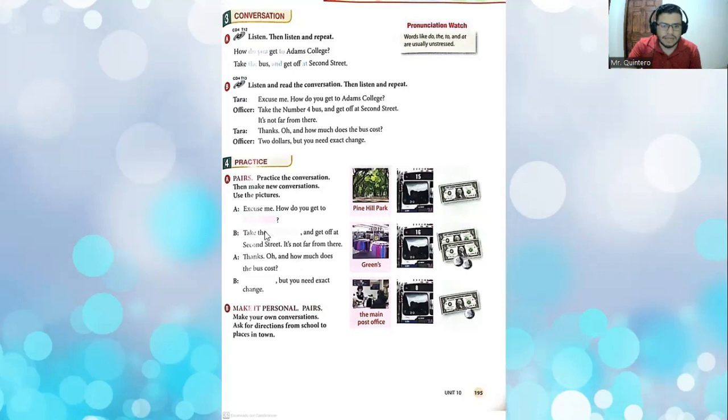Or for example, if you say, excuse me, how do you get to Greens? Take the 16 bus and get off at 2nd Street. It's not far from there. Thanks. Oh, and how much does the bus cost? $2, but you need exact change.